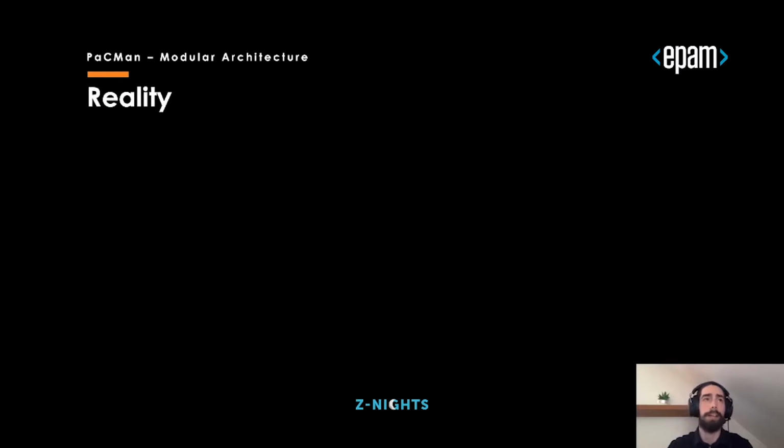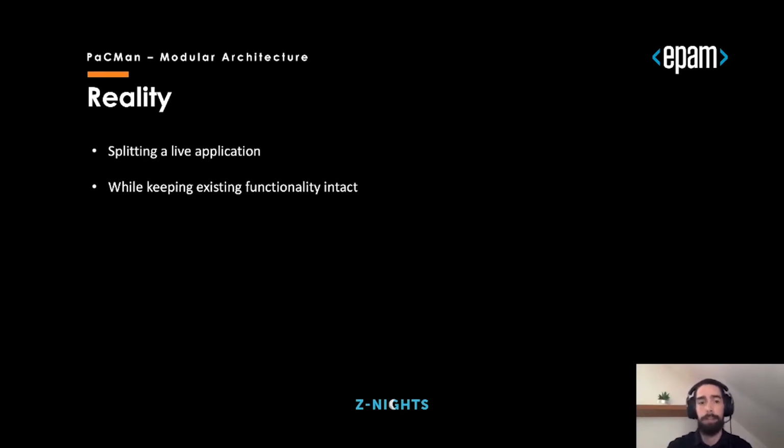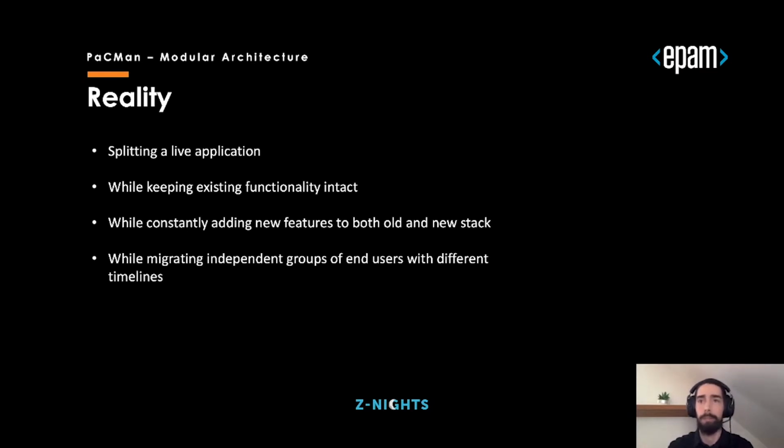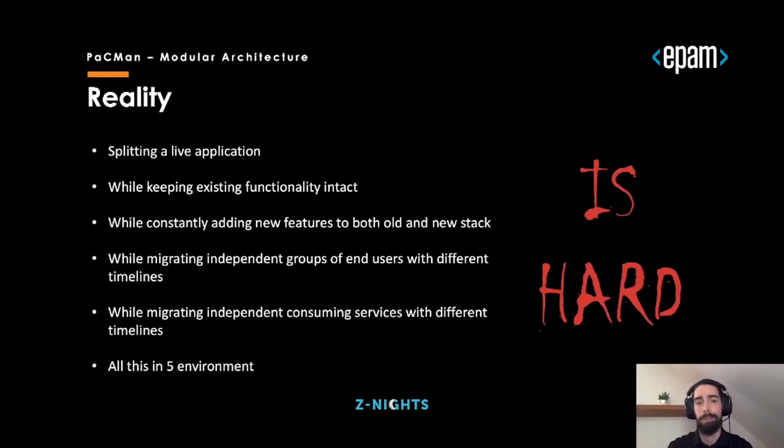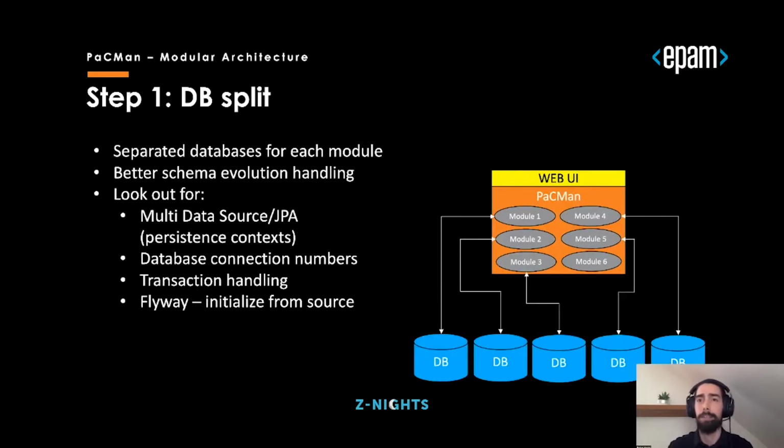So this all sounds pretty nice, but in reality, splitting a live application where the main focus is to keep existing functionality alive, while we had to implement new functionalities both into the new and the old stack as well, while migrating different user groups and services between the old and new stack, and doing all this in 5 different environments simultaneously is very hard. So I will let Zoltan talk about the technical details of this split.